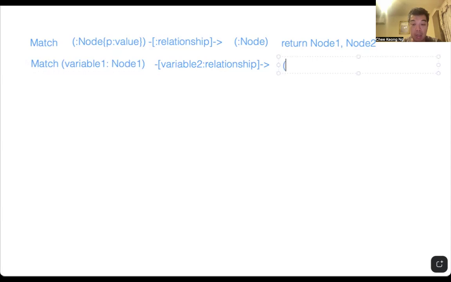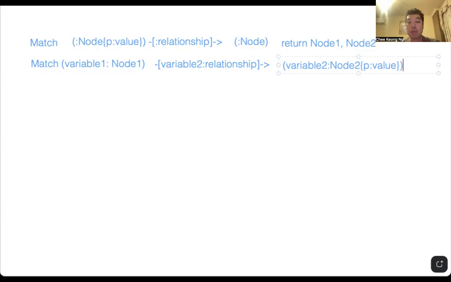For the second node, I will have variable two, then after that bracket, then node two, and then my curly brackets. To make it short, I'll just put P, then bracket, value, and then my close curly bracket.